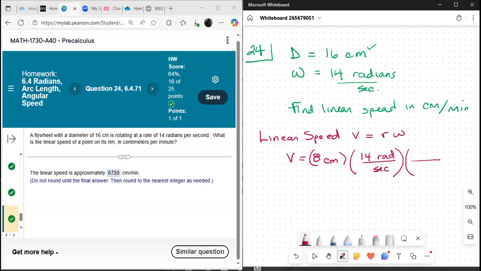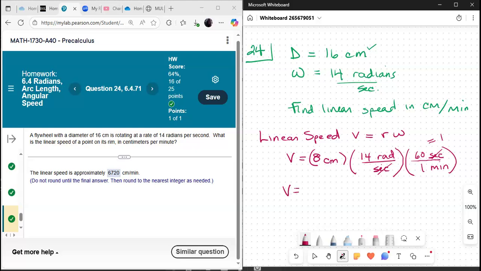We know that there are 60 seconds in 1 minute. This ratio is equal to 1, which allows us to multiply it by this fraction so that we can cancel the seconds, and now we have centimeters per minute.